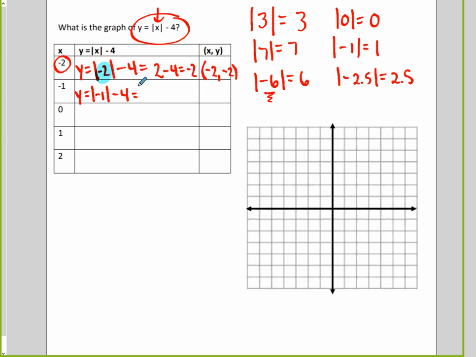So negative 1, the absolute value of it is positive 1. Then you need to do 1 minus 4. 1 minus 4 is negative 3. So when negative 1 is your input, negative 3 is your output.